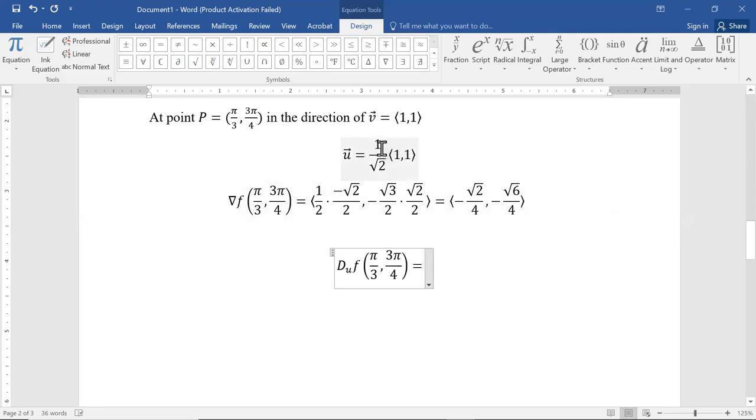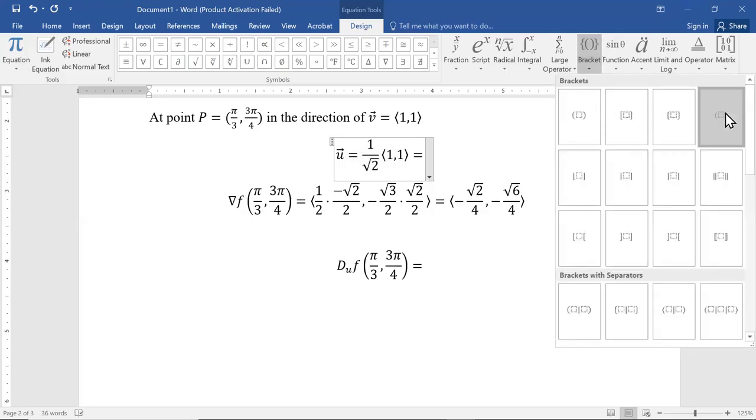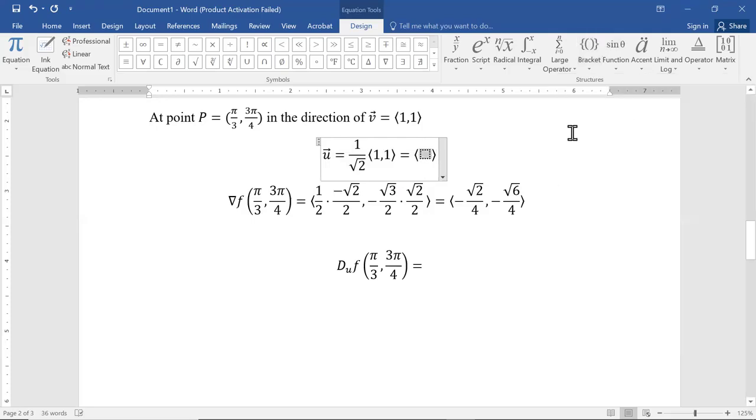So the dot product with u, let me write that, that's my u, 1 over square root of 2, comma, 1 over square root of 2.